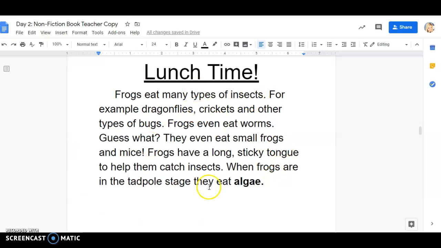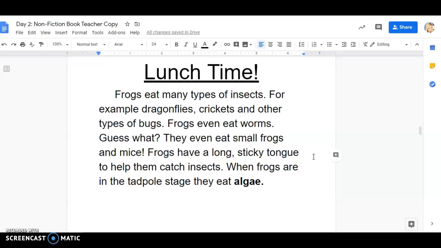So I'm going to reread and see if I have at least 5 sentences. If all my facts, my sentences, are on the same topic, talking about what frogs eat or how they eat it. So you want to make sure you're going back and rereading to make sure, does this make sense? Does my sentence sound complete? Okay, lunchtime. Frogs eat many types of insects. For example, dragonflies, crickets, and other types of bugs. Okay, that went along with what they eat. Frogs even eat worms.